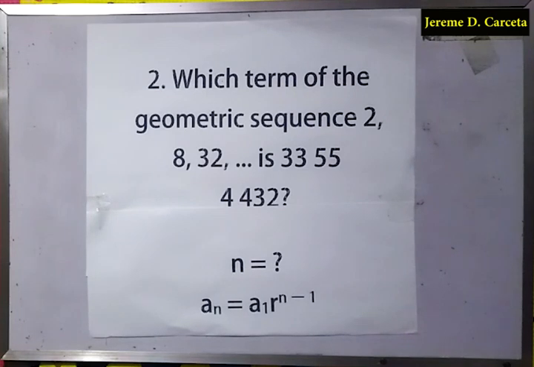So in this case, we need to find the number of terms. So we're looking for the term number. So again, we use the formula a sub n is equal to a sub 1 times r raised to n minus 1. But since we're looking for n, we'll get another formula, a derived formula from this general formula.